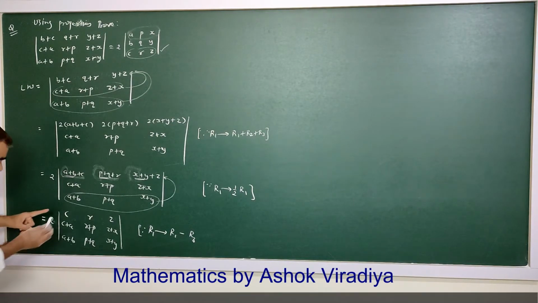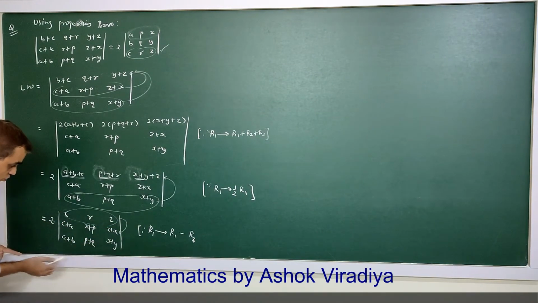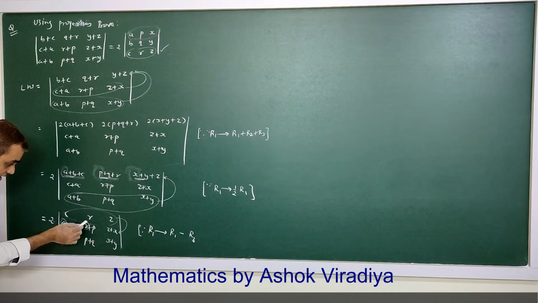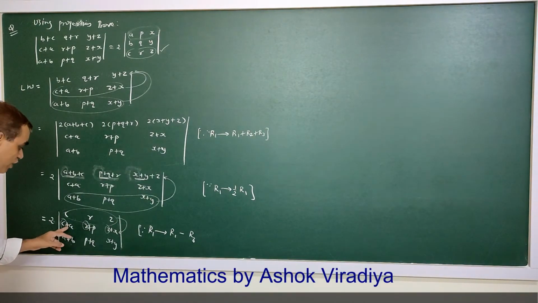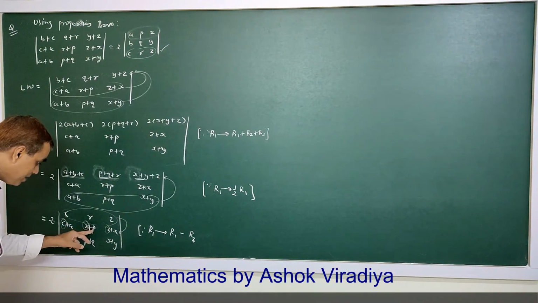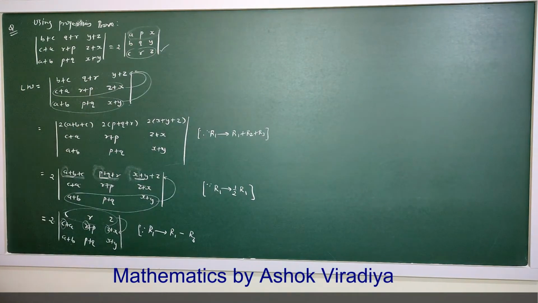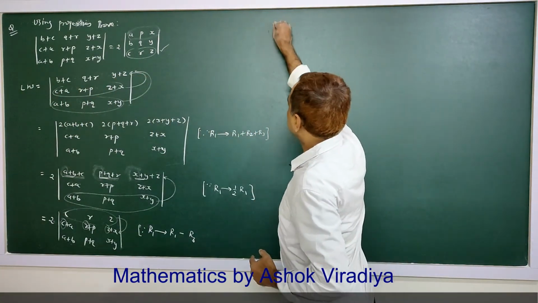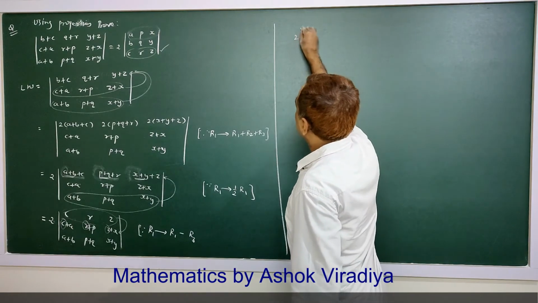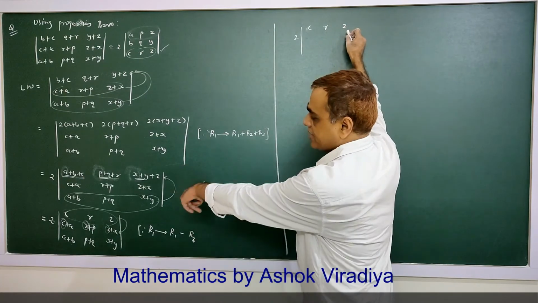Now see, if these CRZ values are subtracted in the second row, then CRZ can be eliminated. So what will be left? APX, the entries which are in the first row. So doing it that way, we subtract CRZ in the second row.